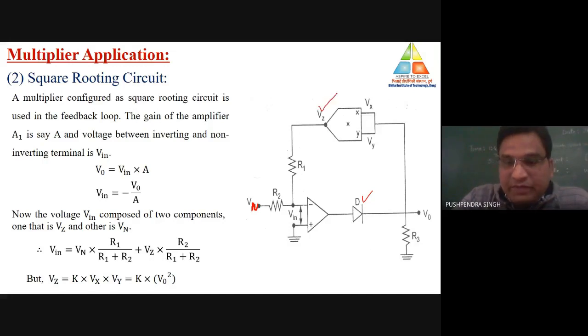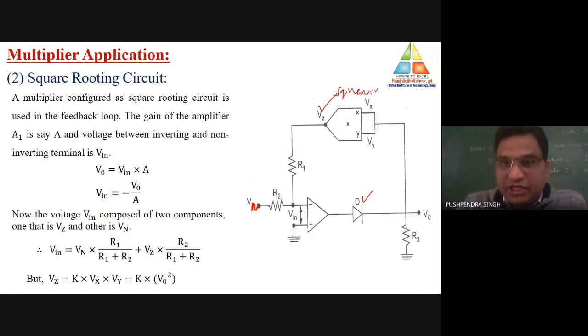Vz is the output of the multiplier, which will be equal to the multiplication of the two inputs. As I told you earlier, before starting the applications of the multiplier, if both the input sources are connected to a common source, that multiplier is called the squaring circuit. So this circuit is connected as a squaring circuit, or squaring multiplier.